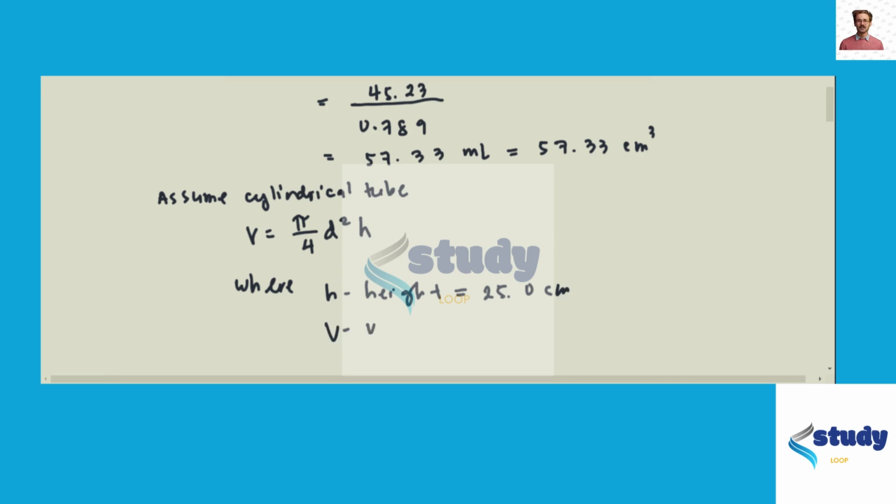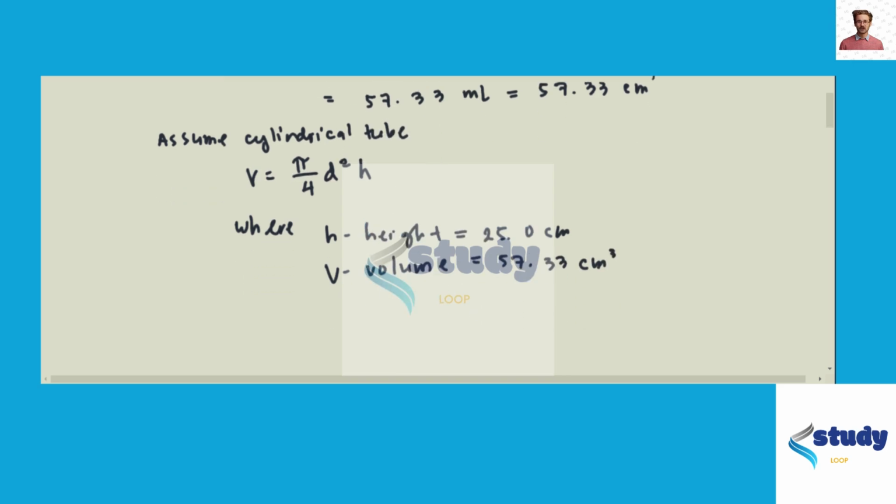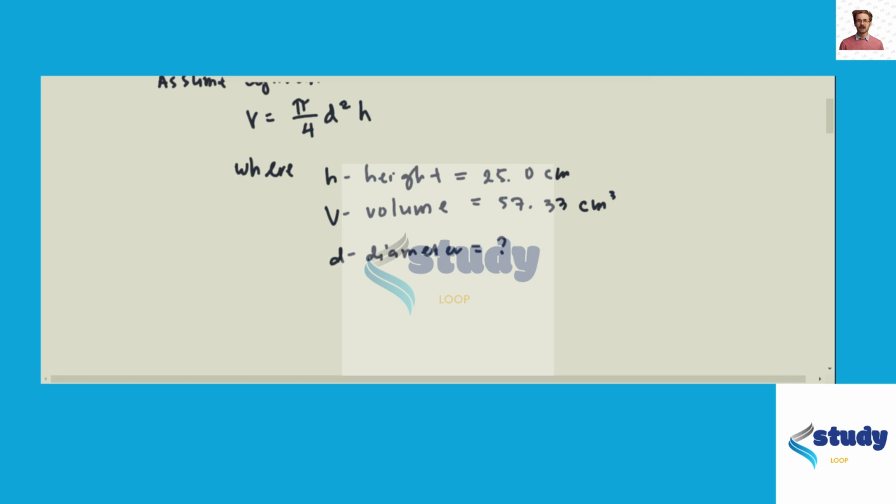Of course, V here stands for the volume, which is 57.33 cubic centimeters, and the diameter, which we wish to find, is your D here. So solving for D gives us 57.33 equals pi over 4 D squared times 25.0.